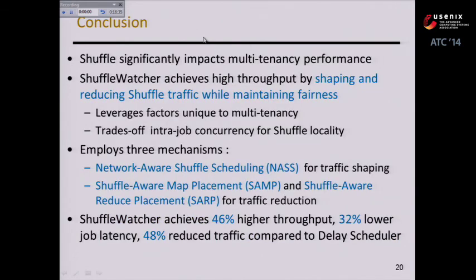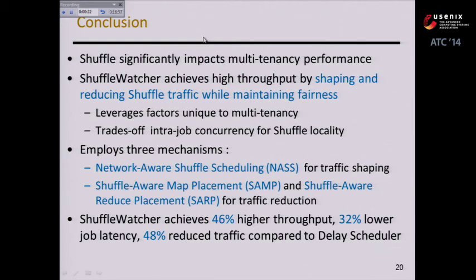So finally, to conclude, shuffle plays a significant role in multi-tenancy performance, and ShuffleWatcher achieves high throughput by shaping and reducing traffic. The key point we make is that we can be more clever in scheduling reduce tasks, because the scheduling of reduce tasks is accompanied by shuffle traffic.